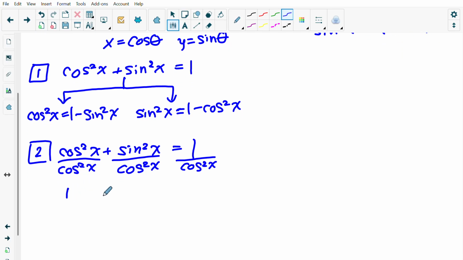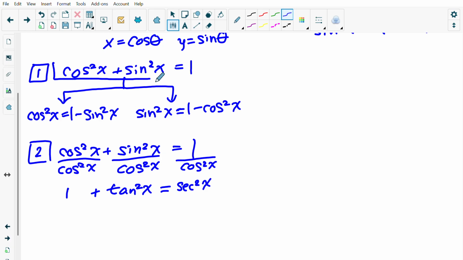This is 1 plus, well, sine over cosine is tangent of x, and when I square it, that's tangent squared of x, equals 1 over cosine squared of x. Well, that's a reciprocal trig identity. The reciprocal of cosine squared of x is just secant squared of x.